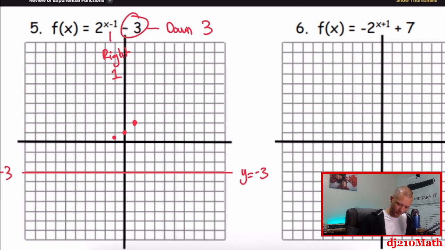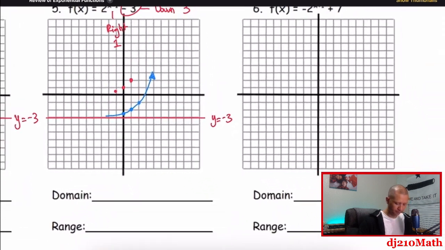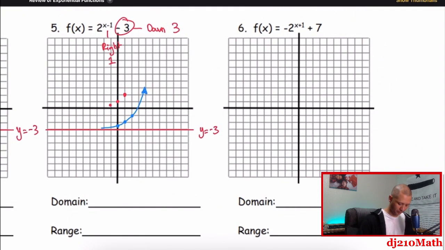All right, moving the points. So right 1, down 3. Domain is all real numbers. Range is from the horizontal asymptote towards infinity.